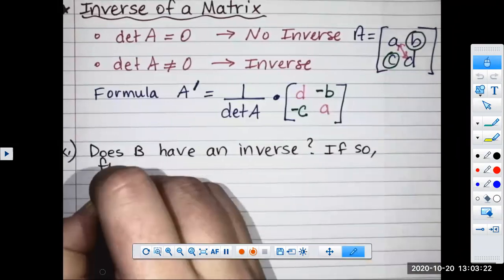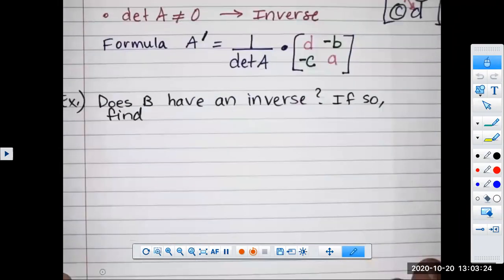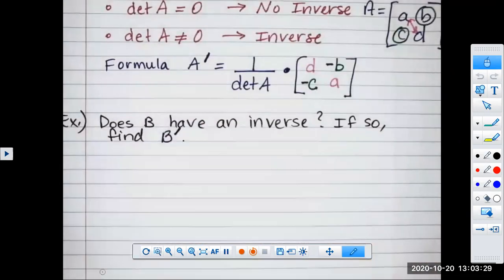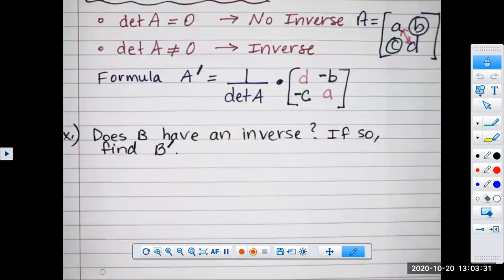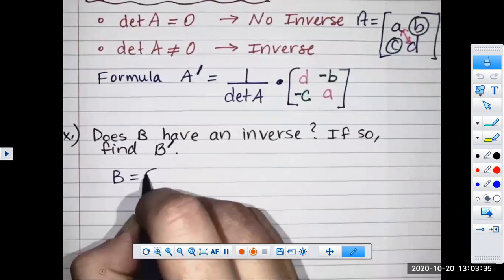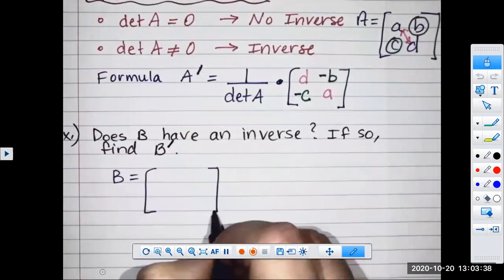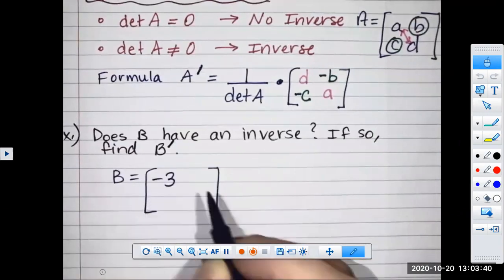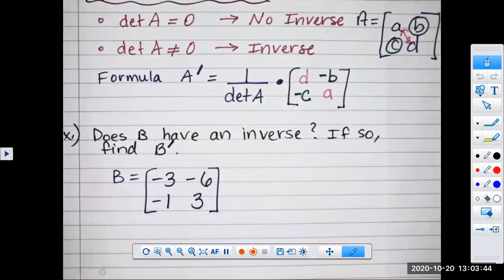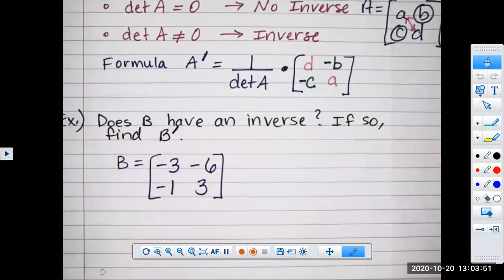Okay, this example: does B have an inverse? If so, let's find B inverse. All right, what's the first thing we have to check?